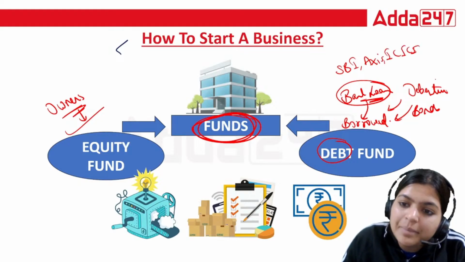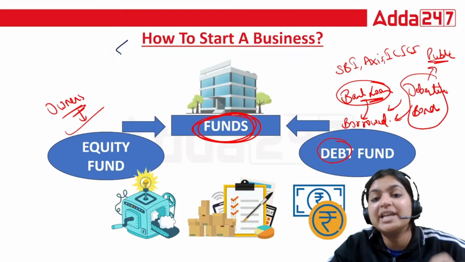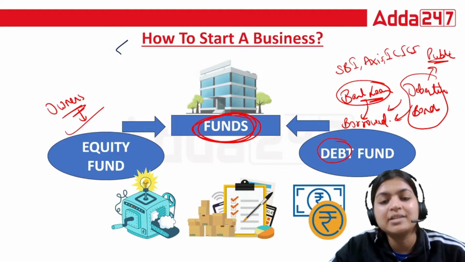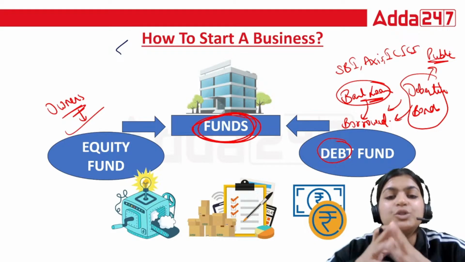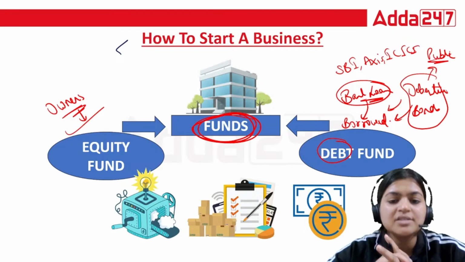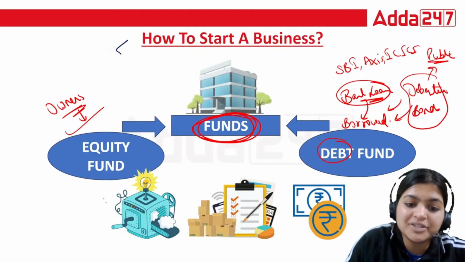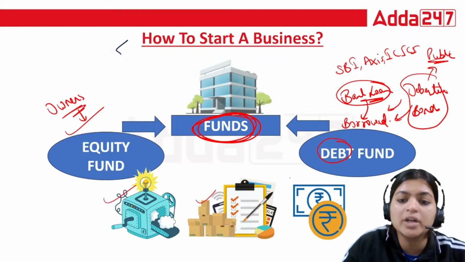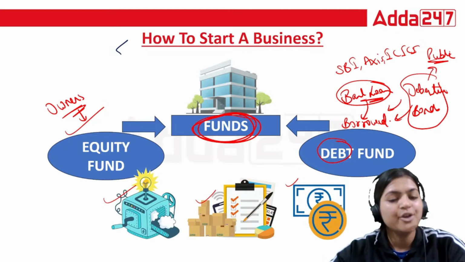Yes, debentures, bonds, which you issue to public, means when you're taking public loan. So that is your debentures, bonds. Okay, so these are the two ways through which you can arrange funds, and then you can start your business. Through this you will purchase machines. Yes, you will purchase your stock. You will generate your income based on these funds.